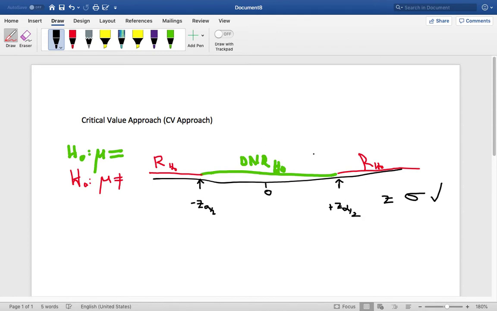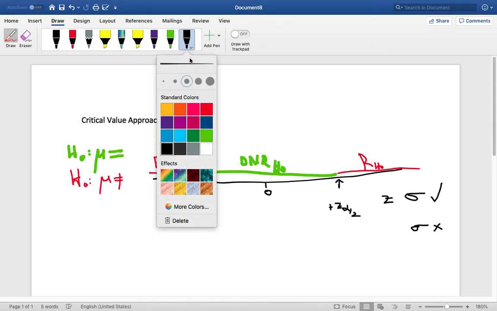On the other hand, if the population standard deviation sigma is not known, so I put an x by there, then we're going to use, let's use blue.